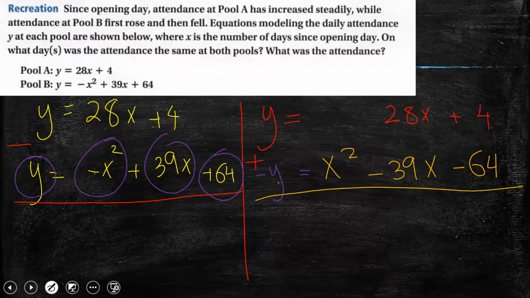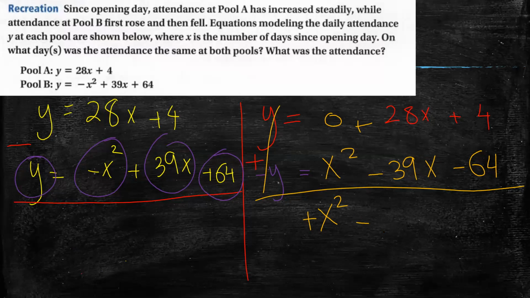Then let's subtract them now. y minus y is 0. 0 minus negative x squared is positive x squared, because I have to add x squared. Here 28 minus 39 is negative 11x, minus 60 equals 0.